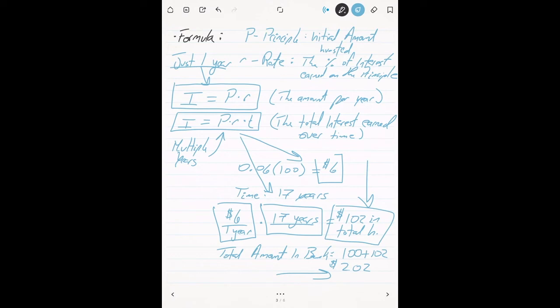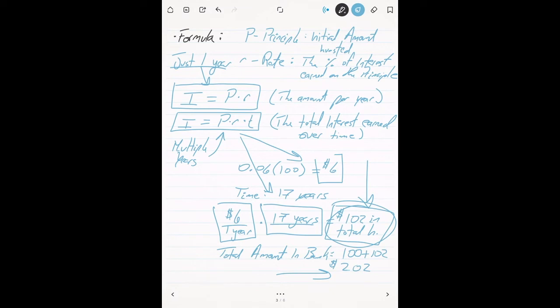Students tend to mix these up. Oftentimes I might say, what would your bank account be after 17 years? So students will figure out what the interest was over a 17-year period, and they'll say, oh, $102. There you go. And I'll say, wait a minute, I put in $100, and after 17 years, it's only at $102? That doesn't make sense. And then they'll say, oh, no, $102 is what you earned in interest.